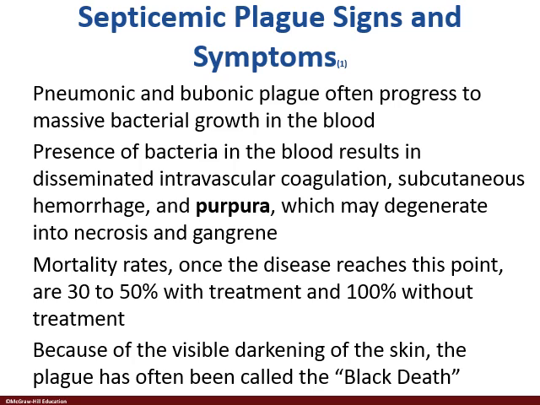Pneumonic means you breathed in somebody else's respiratory secretions. So the plague bacteria is being transmitted via the respiratory route, or if it's the bite in the bubonic, as I said in the last slide, it can progress to where you end up with septicemia.